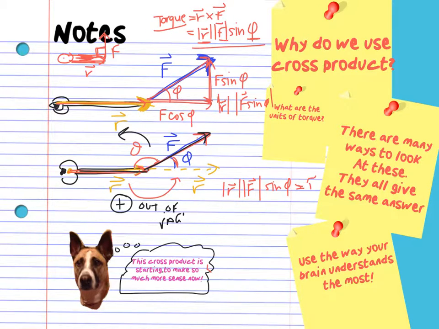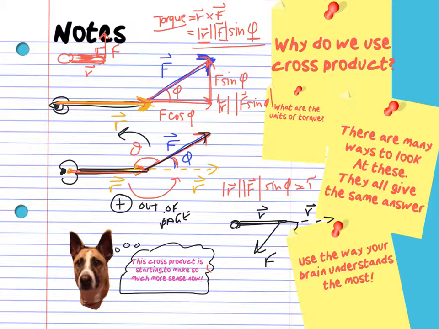As if this was a wrench, if I were to put the force this way, then here's my position vector R, but I have to have the tails together, so I'm going to redraw it as R this way.